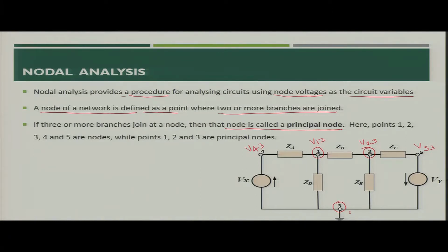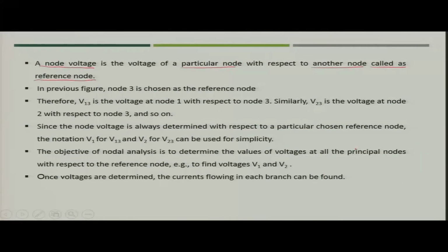Node 3 will always be at 0 potential because we consider it as a reference. With respect to this node, all would be considered. Node 4 and node 5 are the simple nodes, while node 1 and node 2 are principal nodes. So, in circuit analysis using nodal analysis, we are more concerned about the voltages at principal nodes.